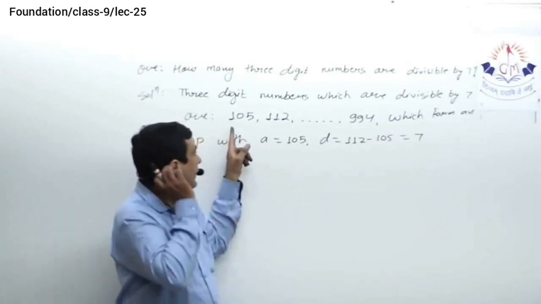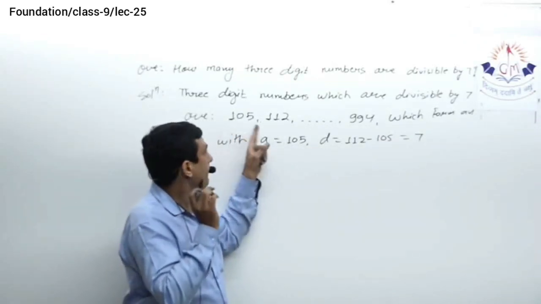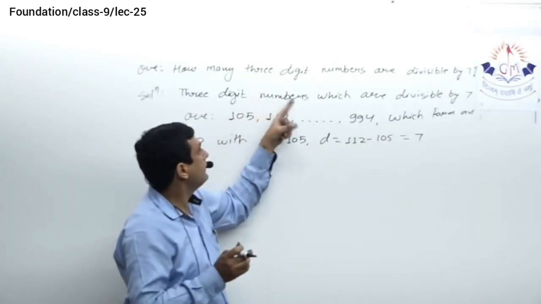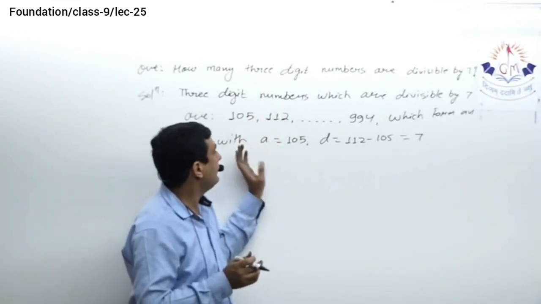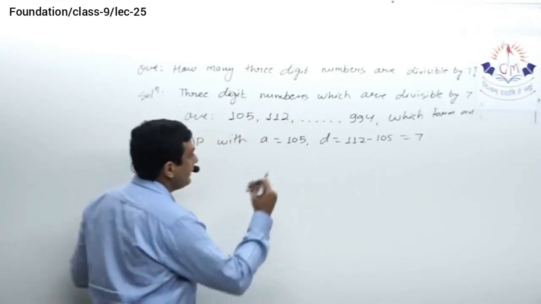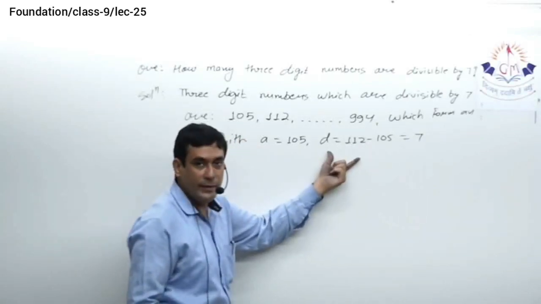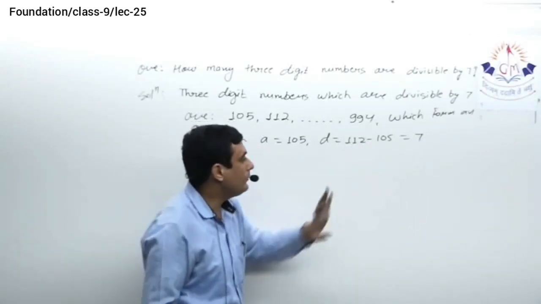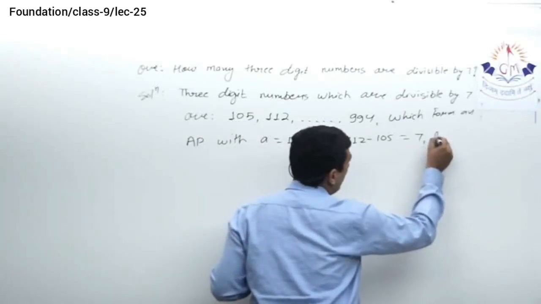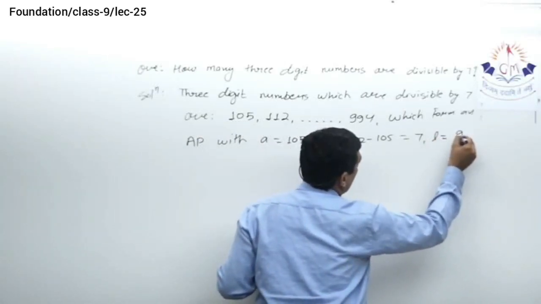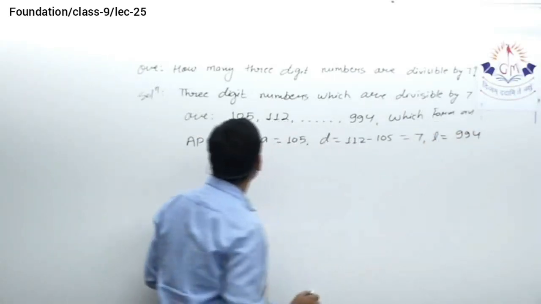If they ask in a different way, d might change. So always find d as second number minus first number. Here we have the last number, that is 994.